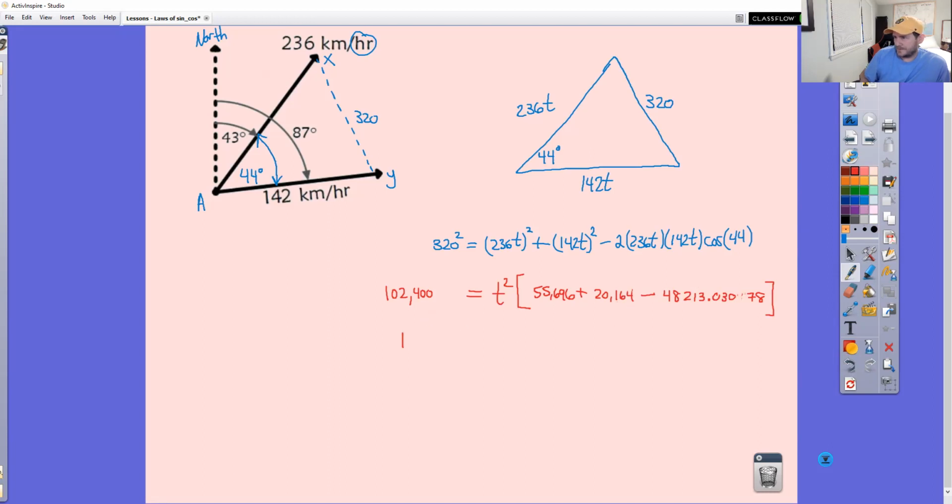But so that's going to be the 102,400 t squared. And then just figure out what all that garbage is. So 236 squared plus 142 squared minus that cosine 44 term. So that was 27,646.96922.